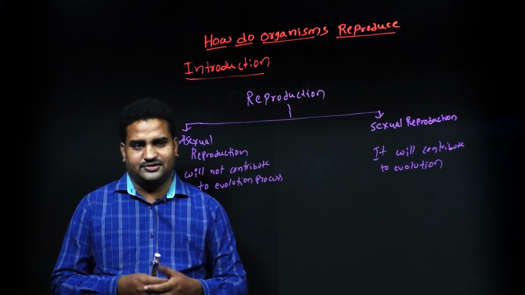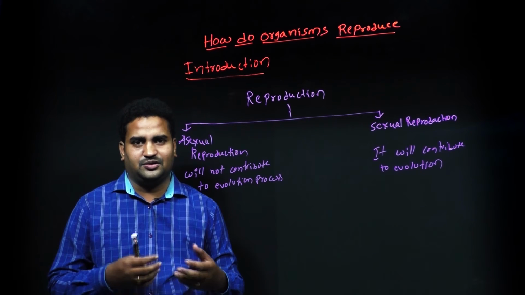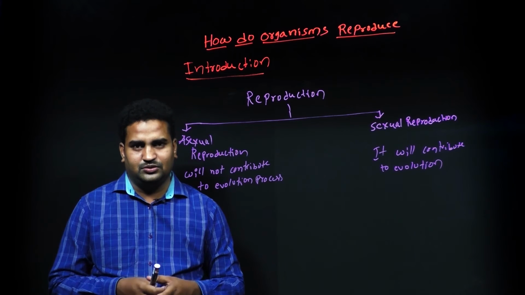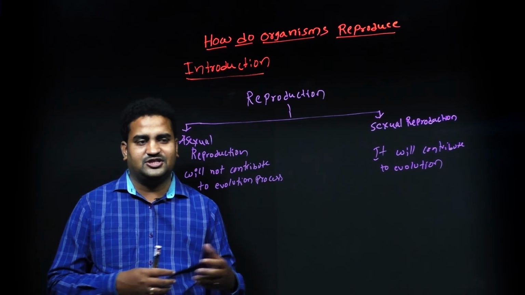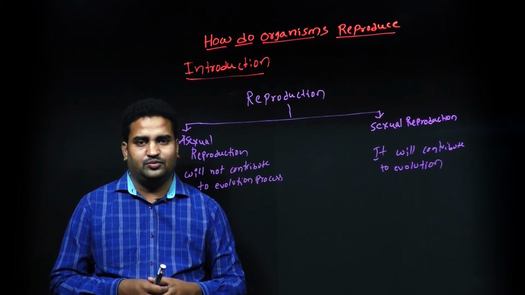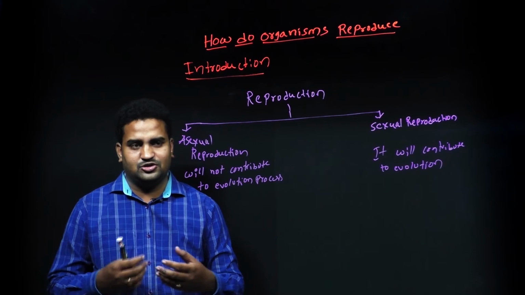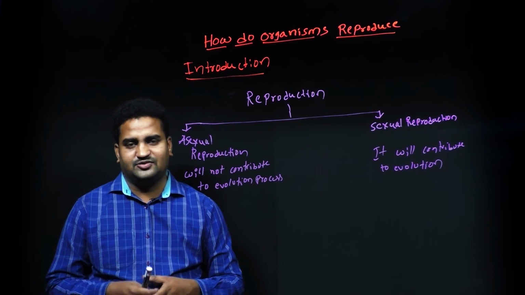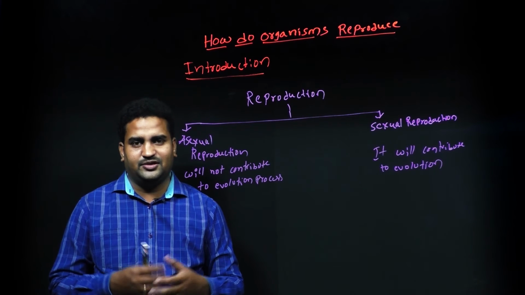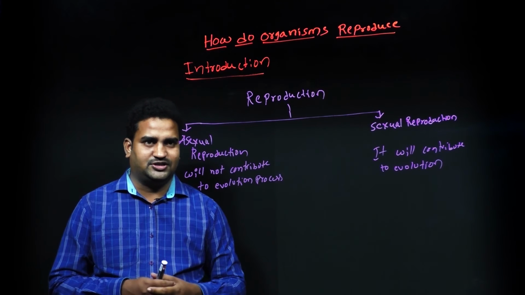Some lower animals can reproduce through both sexual and asexual reproduction. Some higher plants can propagate through vegetative methods, so they can show asexual as well as sexual methods of reproduction. But higher animals will not show the asexual method of reproduction.